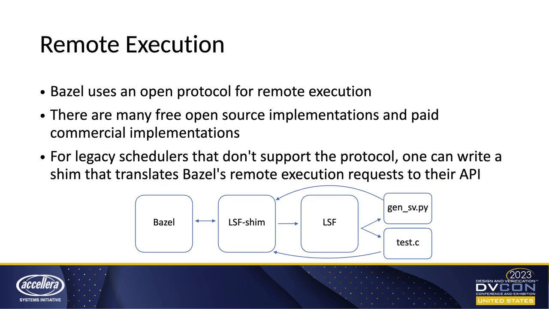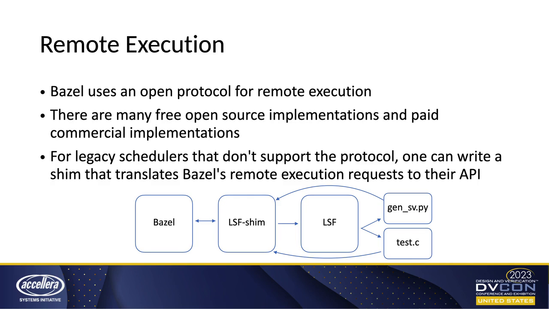Remote execution is the final point I had for Bazel being fast. Similarly to how you can configure a remote cache for Bazel to talk to, you can also configure a remote execution server for Bazel to talk to. And there are actually some free open source implementations as well as paid commercial implementations of Bazel remote execution servers.